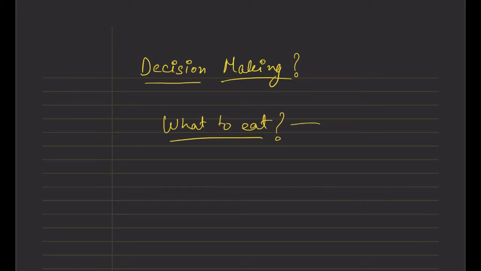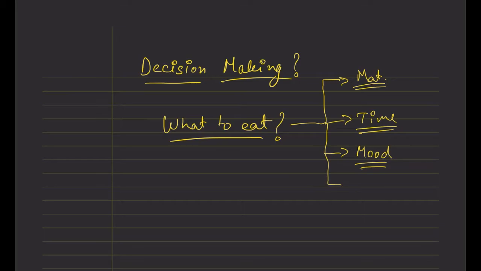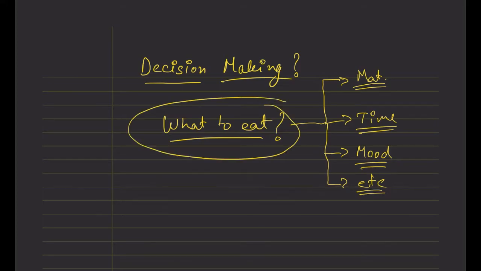For example, for this question, I can have parameters like the material available in my house to cook, or what time of day it is, or in which mood I am, whether I want to eat some fast food, or I want to cook something and then eat. So in which mood I am can also be a parameter, or there can be many other parameters as well. Depending on the variation in these parameters, I take my final decision regarding this question.